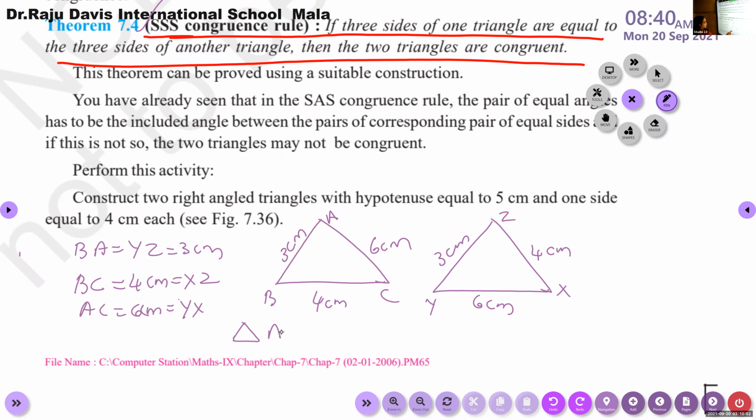So triangle ABC is congruent to, how can we write it? Corresponding to AB is YZ, then ZX. Triangle ABC is congruent to triangle YZX. If three sides of a triangle are equal to the three sides of another triangle, then these two triangles are congruent.